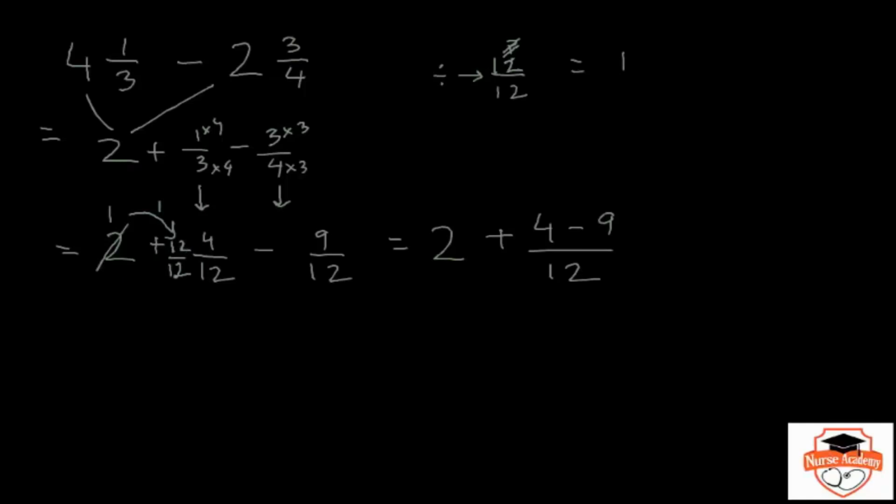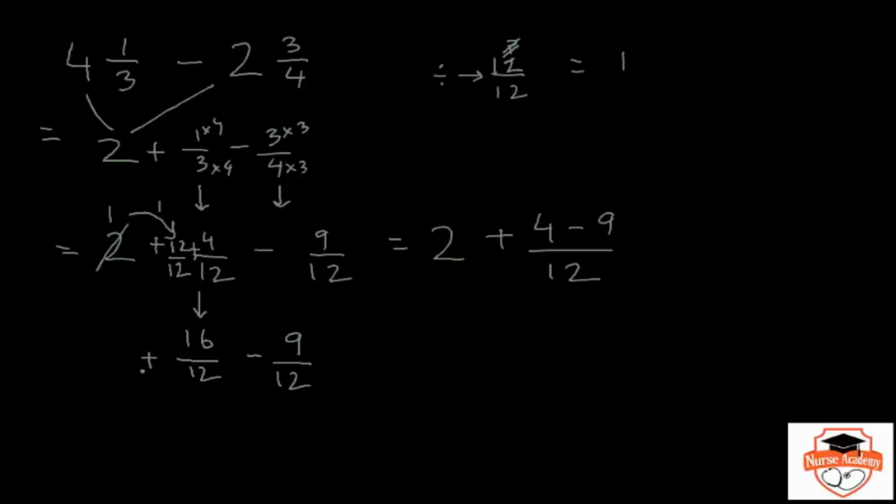So 12 over 12 or 1 whole gets added to 4/12. And now this one is no longer 4/12. This changes to 16/12. 12 over 12 plus 4 over 12 is 12 plus 4. That's 16 over 12, right? Minus 9 over 12. And look, now 16 is more than 9. You can go ahead and do the subtraction.